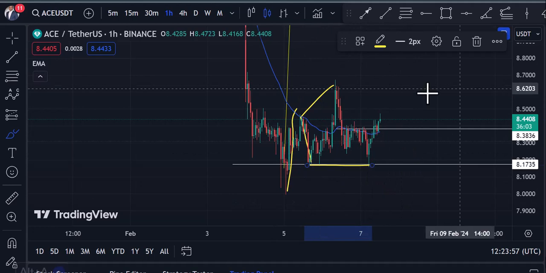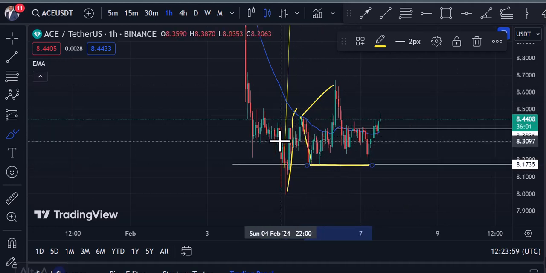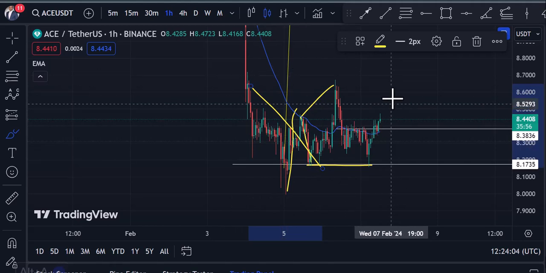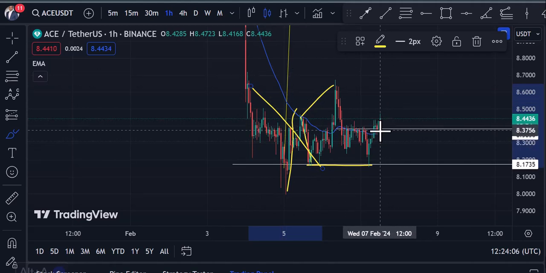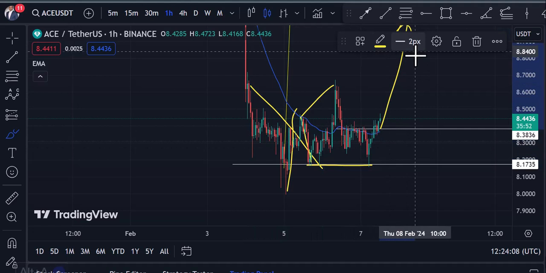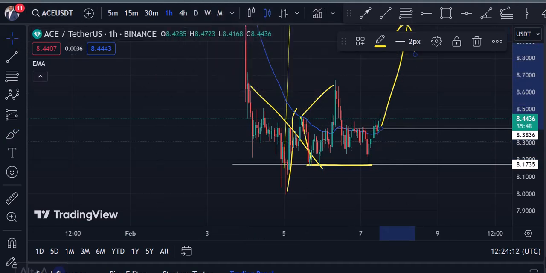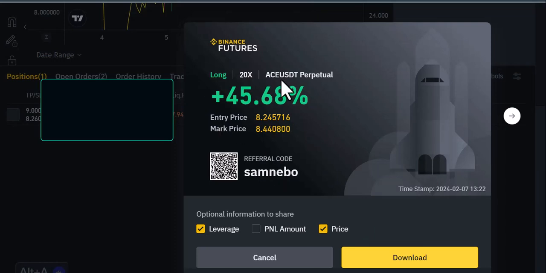And anytime you see an expanding flat at the beginning of a new trend, always expect a big, massive explosion. So what we're expecting is the market to continue pushing higher. I think I'm currently in this trade. Let me see. Okay, good. You can see now I'm still up 45%. The market is currently active.